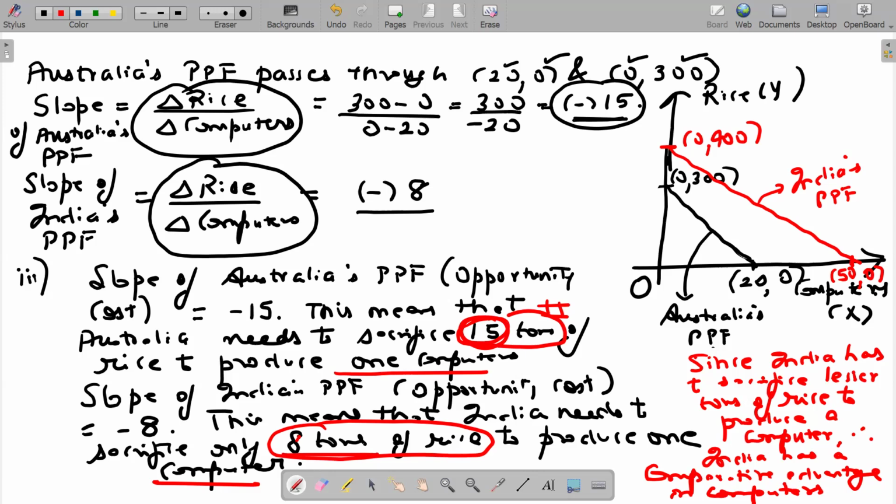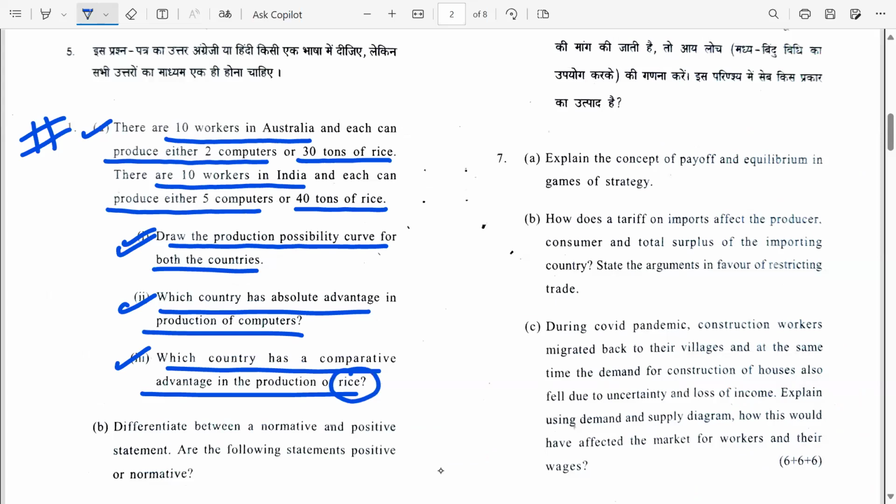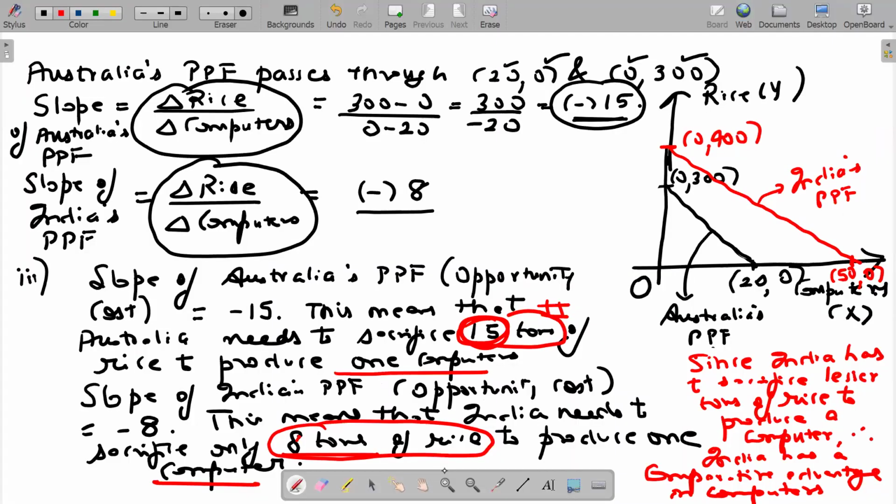But if you look at rice, because the question was asking us which country has a comparative advantage in rice. Remember, two countries cannot have the same comparative advantage in the good. So if India has a comparative advantage in computers, that means Australia has a comparative advantage in rice.